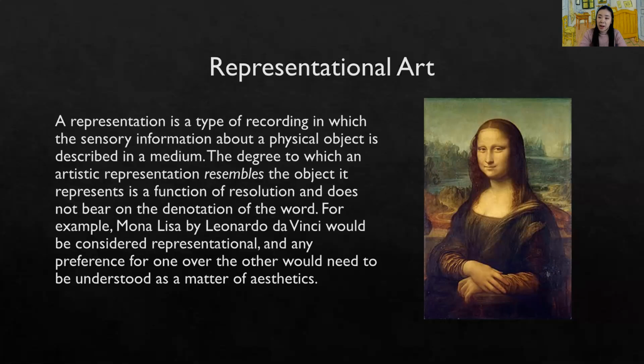But if you just highlight centuries, we can simply divide it into two big threads of art styles: representational art and non-representational art. Representational art is like the Mona Lisa by Leonardo da Vinci. This is a type of recording art, figurative and observational art. That is called representational art.